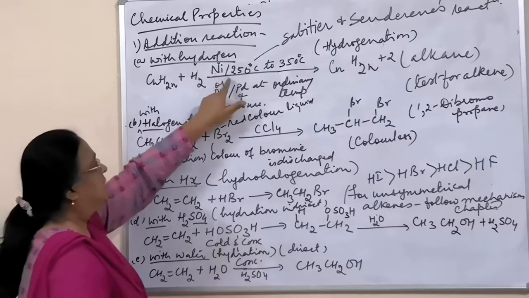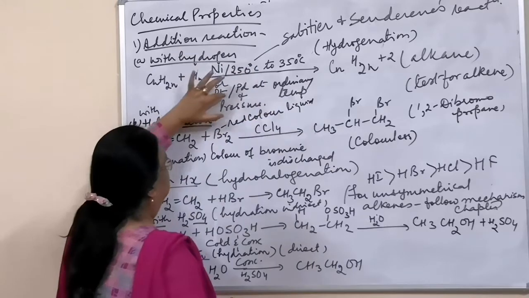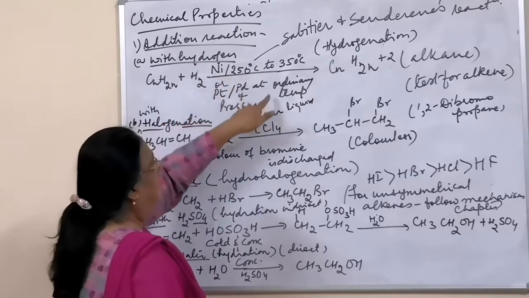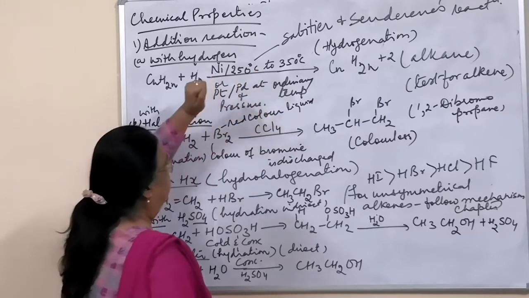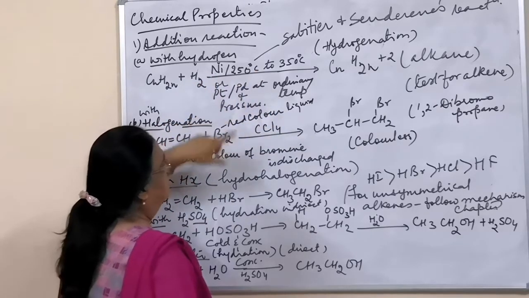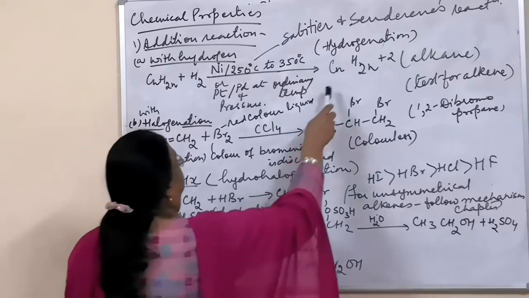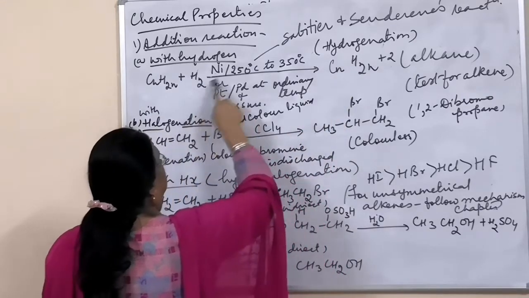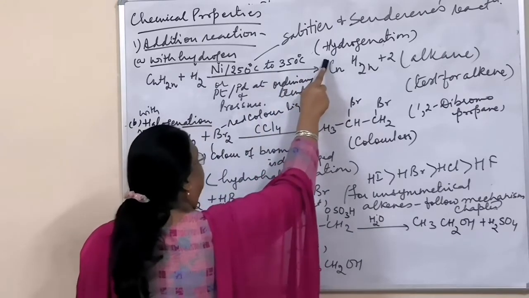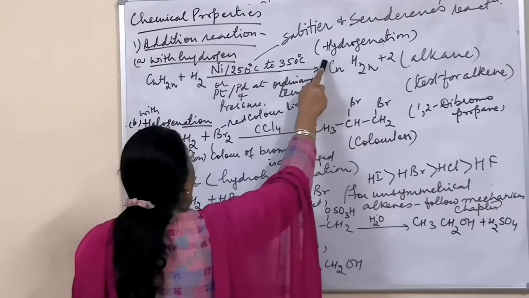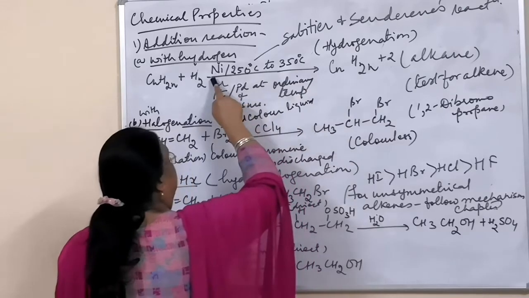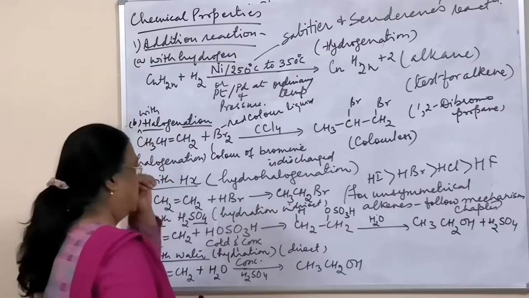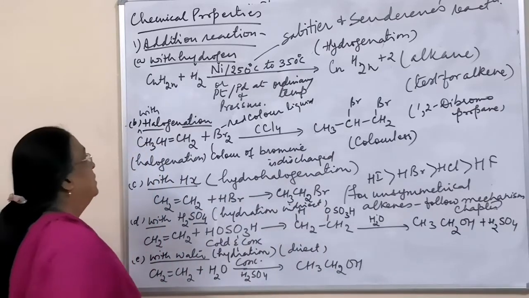When nickel is there, a high temperature and pressure will be required, but with platinum or palladium, ordinary temperature is enough. The product obtained will be an alkane, a saturated hydrocarbon. Since hydrogen is being added, the reaction is called a hydrogenation reaction. And when nickel is the catalyst, the reaction is named the Sabatier and Senderens reaction. So name reactions are important.